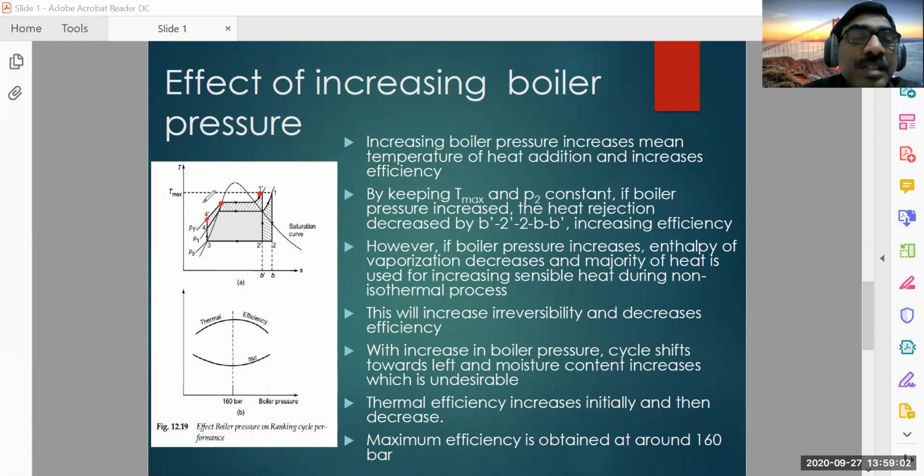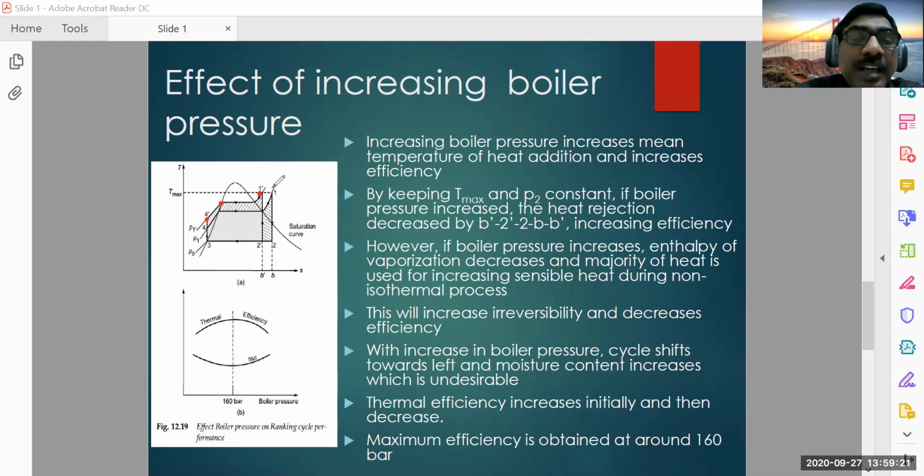All these temperatures are higher than the original process. So if the temperatures are increased, the mean temperature of heat addition will be increased, and obviously the efficiency will increase.